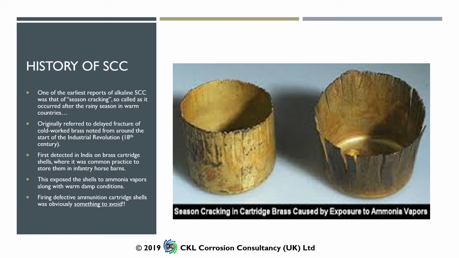Now, the brass contains copper, and we now know today that copper alloys can be susceptible to ammonia stress corrosion cracking. This was very alarming, as you can imagine. We don't want to be firing defective ammunition cartridges because the consequences could be severe. So this was something that we needed to understand and get to the bottom of.